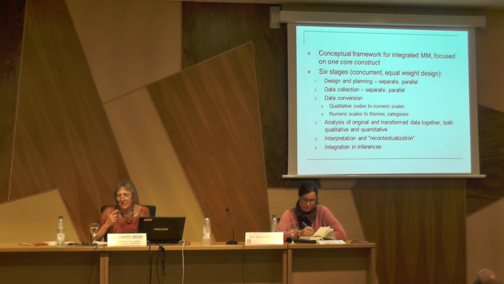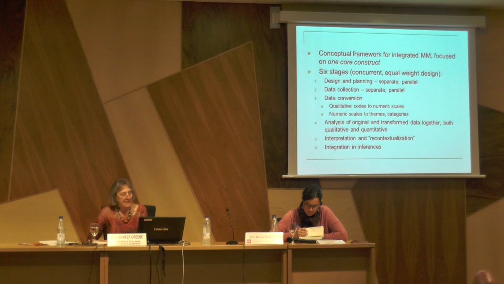So this is the set of stages that this team of researchers has for their mixed methods work. Stage 1 is design and planning. That happens separately. Data collection also happens separately. We're talking about the different methods in the study.